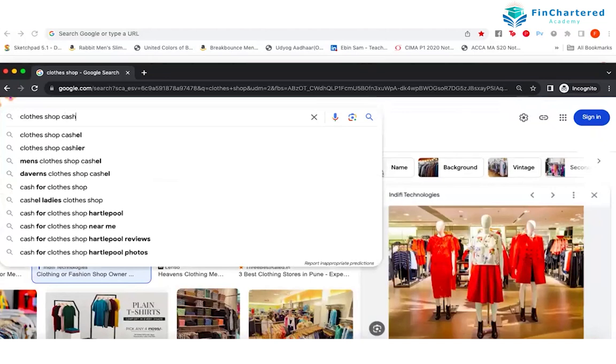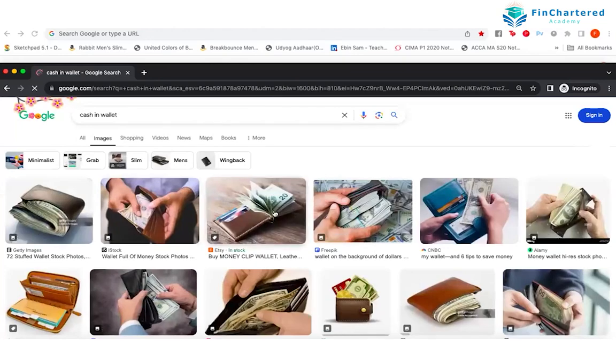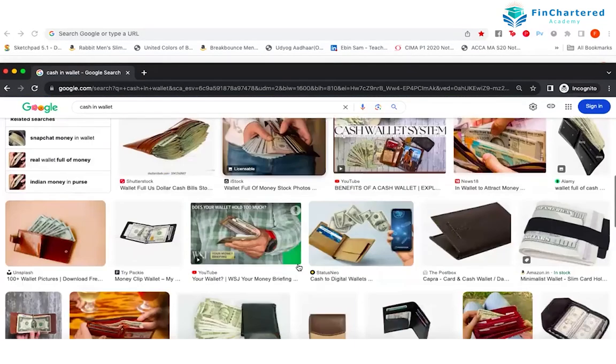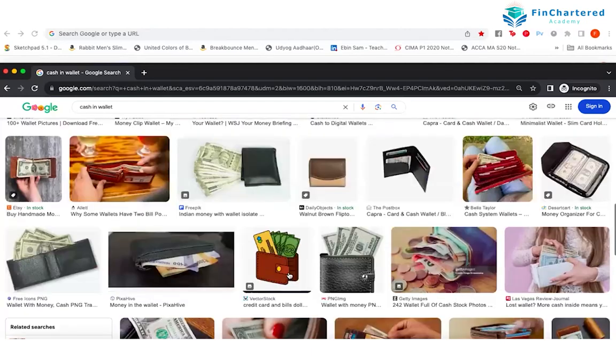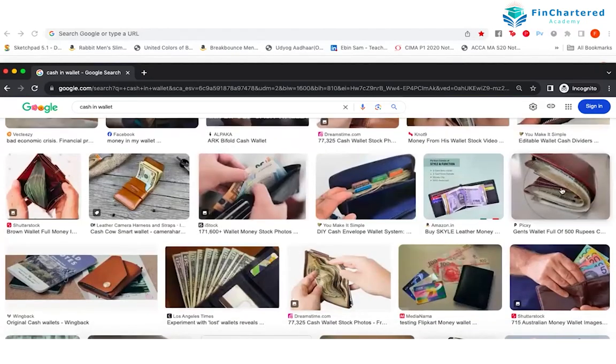What about, again, look at my wallet. I'm just showing you my wallet, okay? This is my wallet.